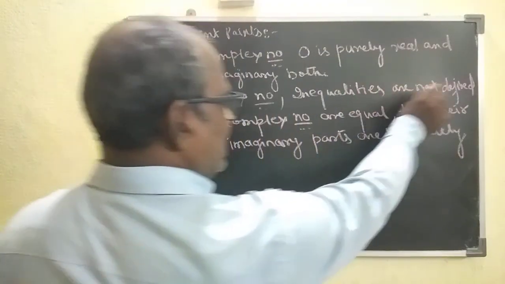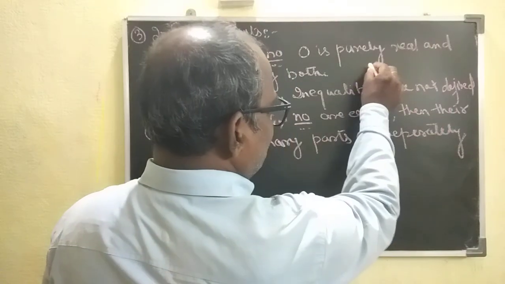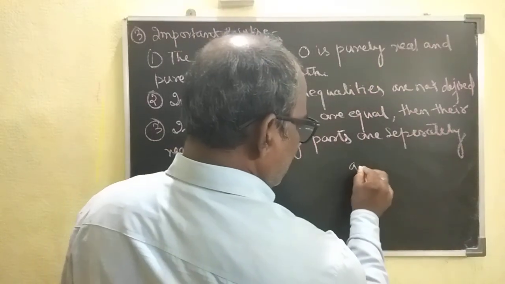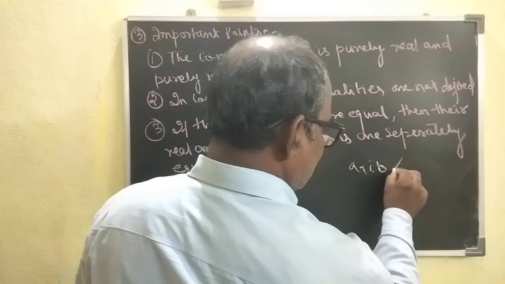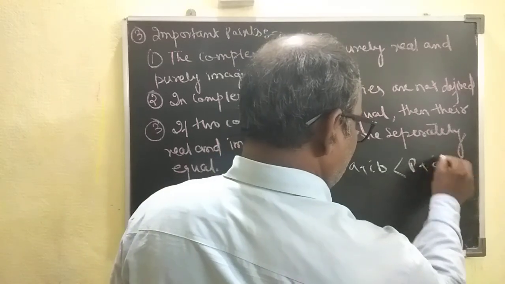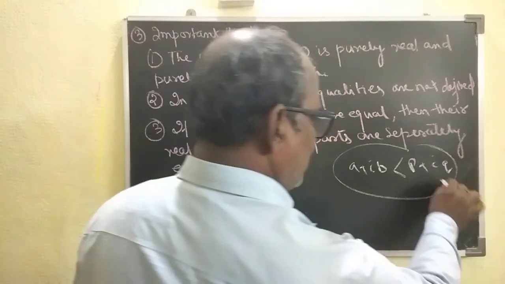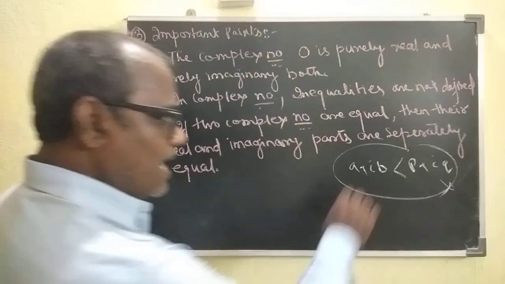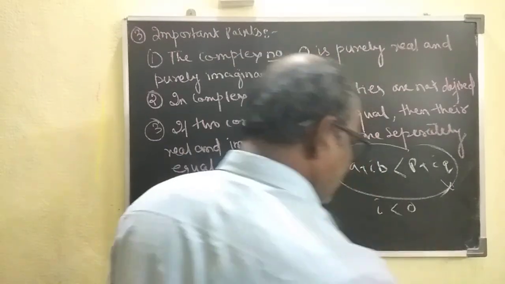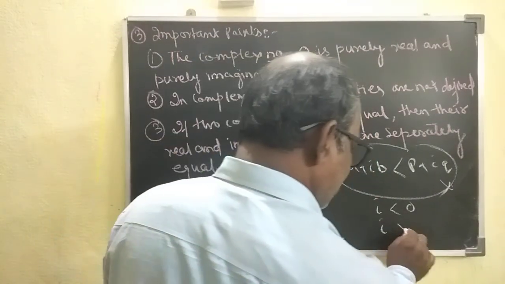इसका तो कोई मतलब नहीं है, जैसे कि हम कभी ऐसा तो लिख नहीं सकते कि suppose a plus ib is less than p plus iq. We cannot write this. Neither can we write i is less than 0, nor can we write i is greater than 0.